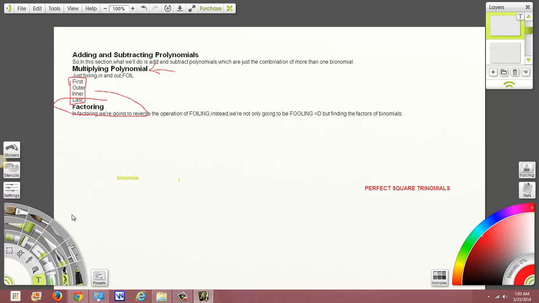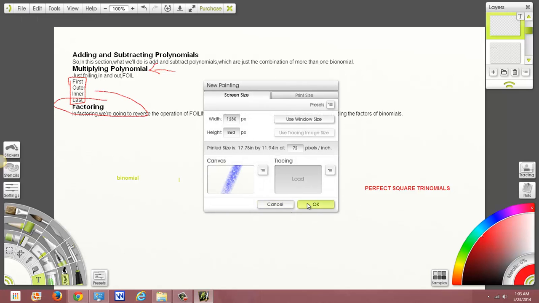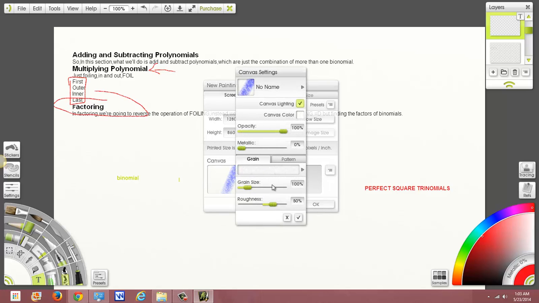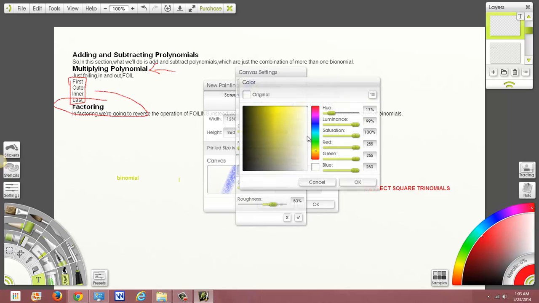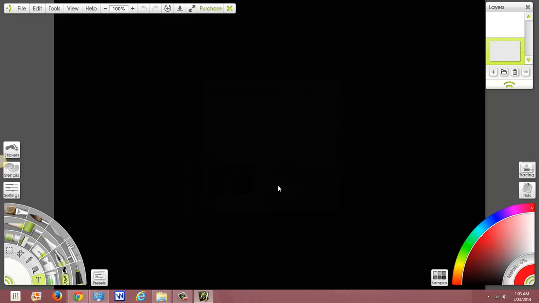Okay, so let me open a new file. Finally, I get it to be black, because my eyes were hurting so much.